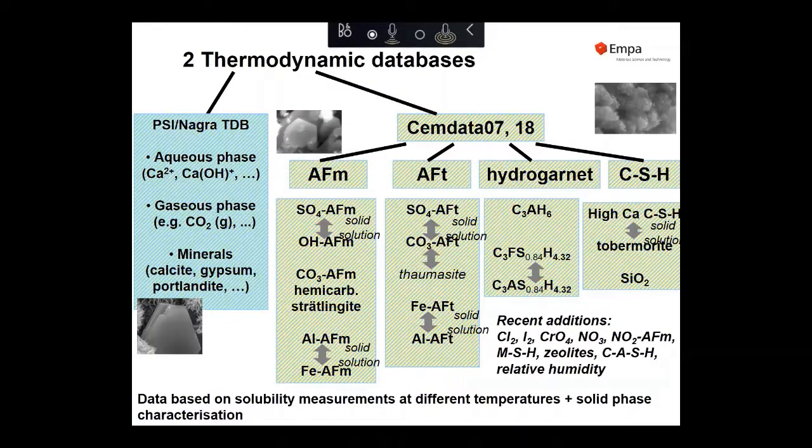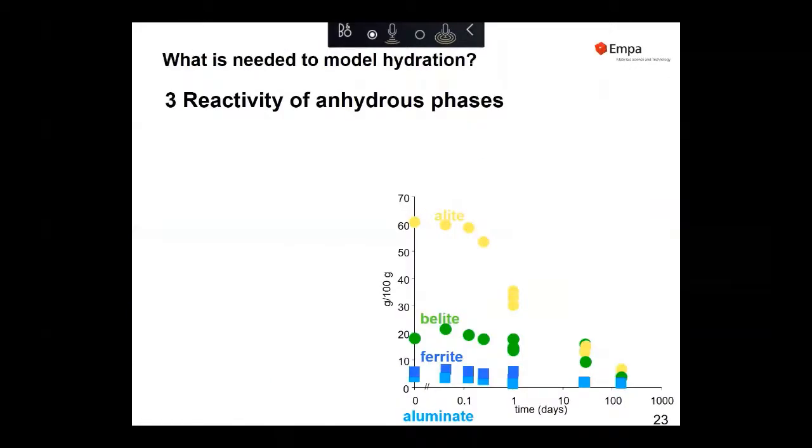We need a thermodynamic database, and this is one of the things we will speak about a lot in the next 2 weeks. We have a general thermodynamic database, which in our case we take from PSI NAGRA, and then we have some specific databases, which we will come back to in a lecture later this week.